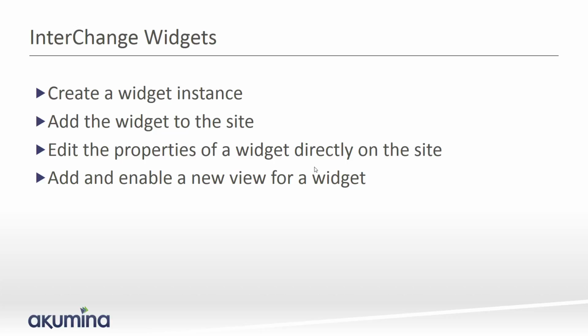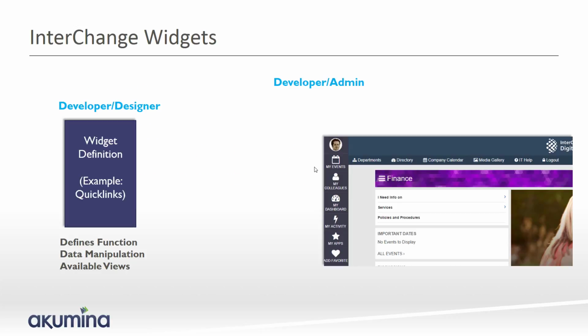So, sorry, I lied. Just one more diagram I want to show you to establish some terminology. Remember how I talked about being able to create multiple widgets on a site from one base widget definition? Well, we have a term for that. It's called instances. Now, as in this example, from one Quick Links base widget, I can create 3 instances for the site.